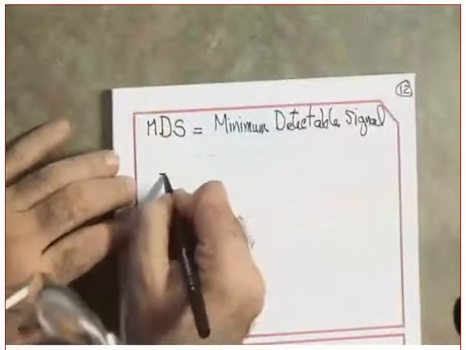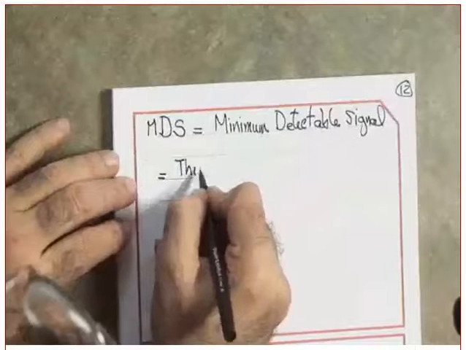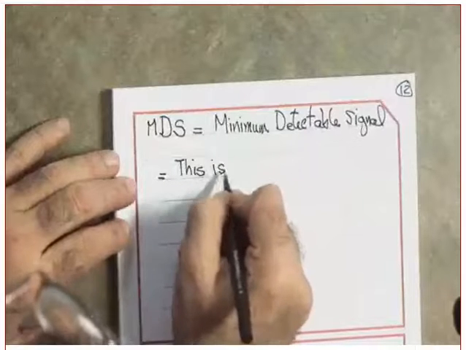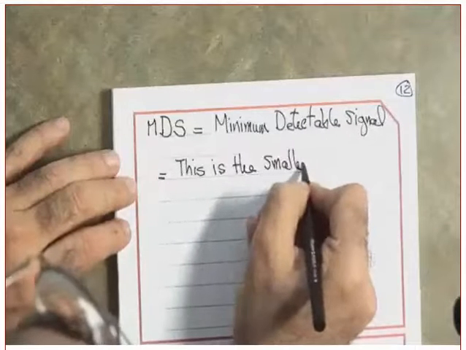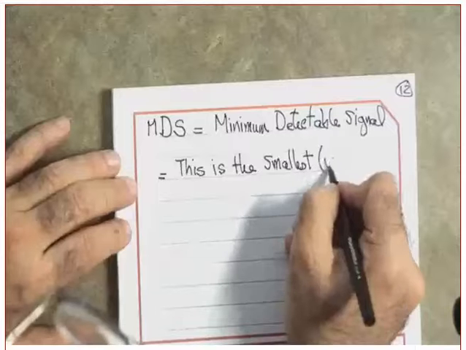Minimum detectable signal. This is the smallest. Smallest means what actually?